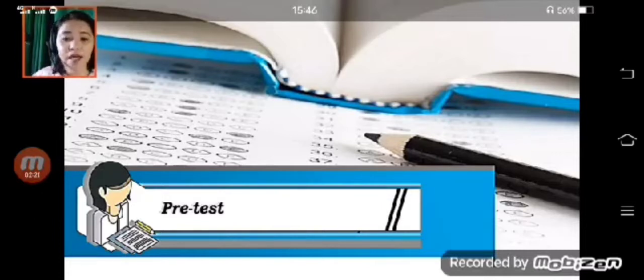Number 1, a viewing material that uses color, paint, and paintbrush to create a picture on a solid flat surface like canvas and paper. A. Video. B. Sculpture.